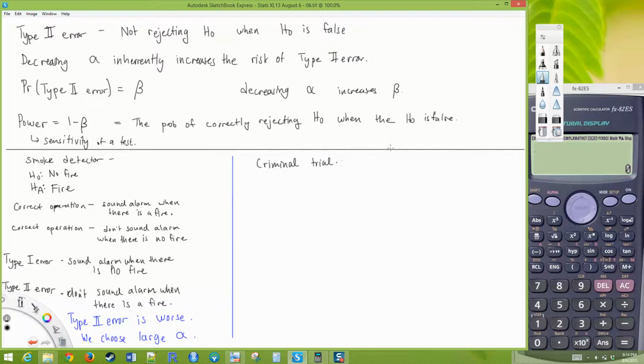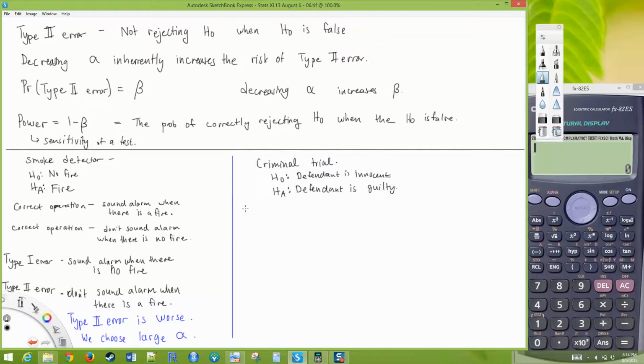Okay. And so in the criminal trial, we look at our defendant and we say, we always presume what? Innocence. We presume innocence. So that will be our null hypothesis. Okay, so our null hypothesis is that the defendant is innocent. And the alternative is that the defendant is guilty.